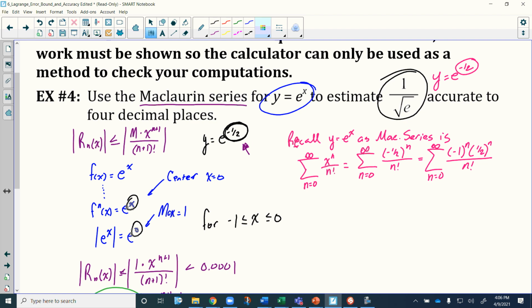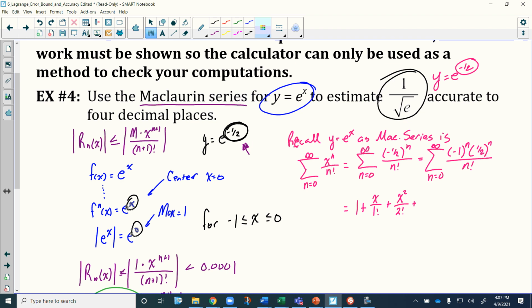Now the general expression that we have for y is equal to e to the x is simply going to be 1 plus, in this case, x over 1 factorial. You don't need to write the 1 factorial, I guess. And here, the next one in the series would wind up being plus x squared over 2 factorial plus x cubed over 3 factorial.